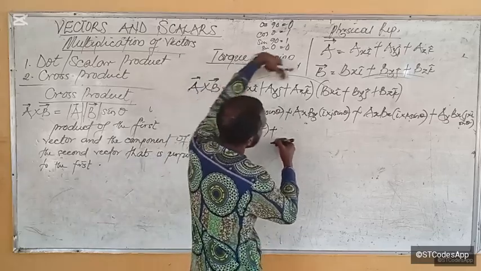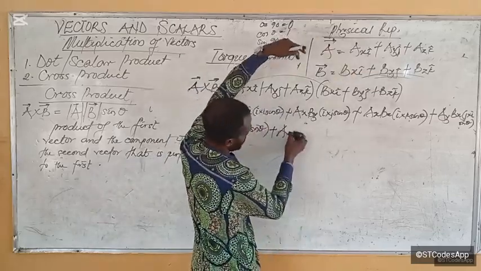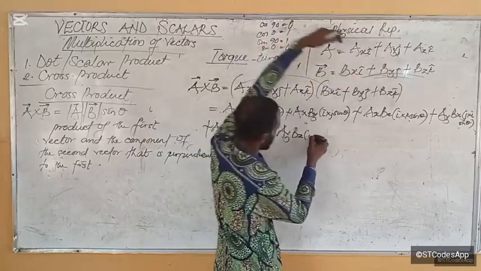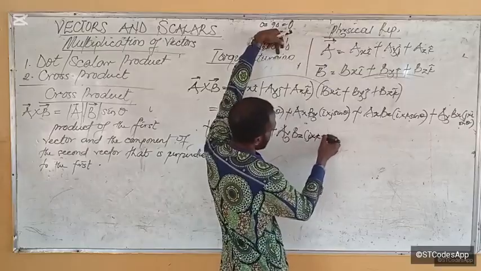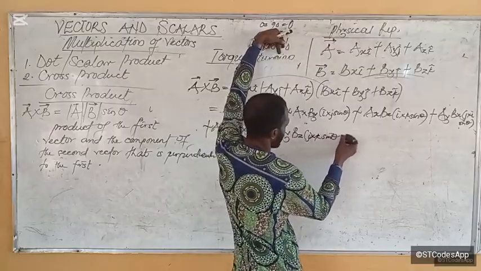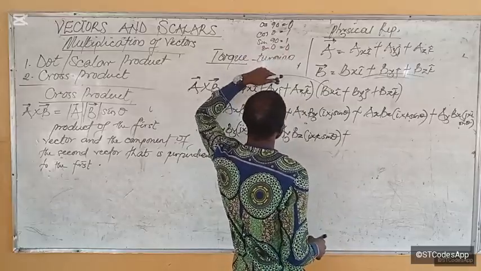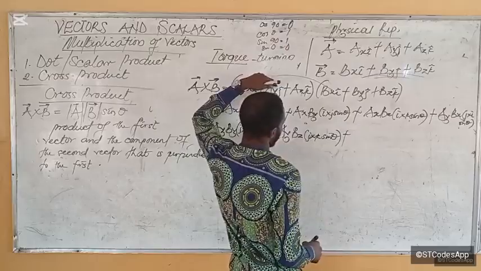Plus AY BZ J cross K sine theta. We're done with AY, right?